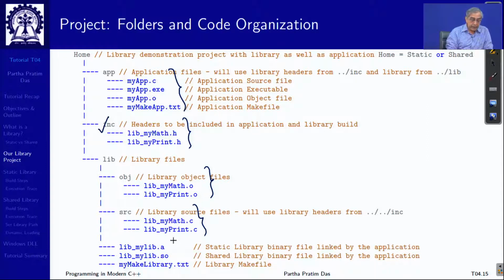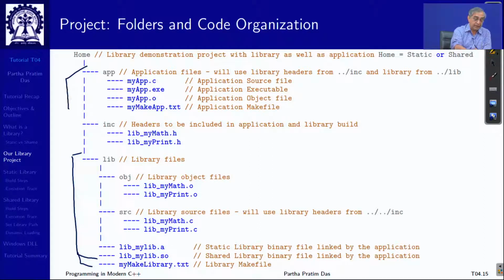Then I have the library directory, which includes the object and the source. So, this is the library part of the whole story. This is the application part, and this is the bridge, the header, which allows the information to be linked appropriately.